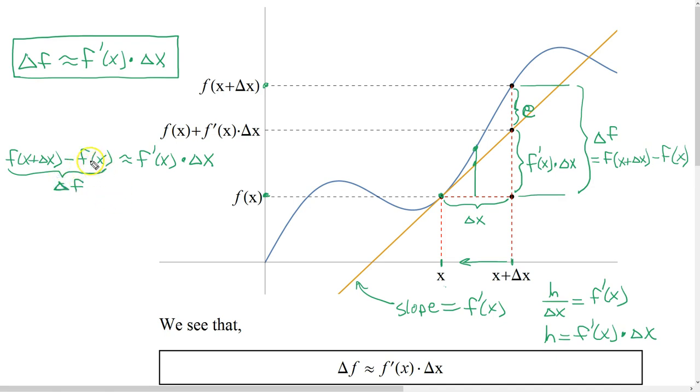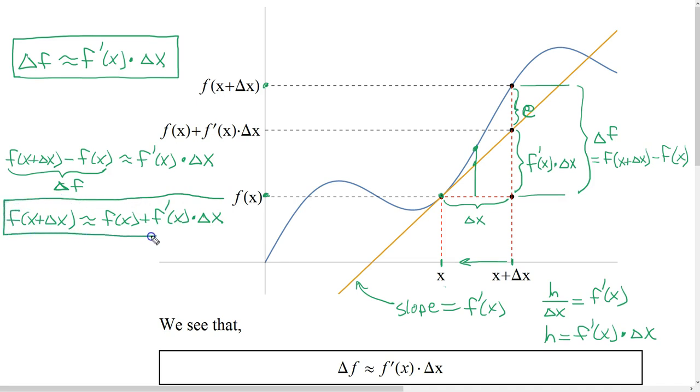Now if we move the f of x over to the other side, we get another approximation that is useful to us. And this is another formula that we will use from time to time as well.